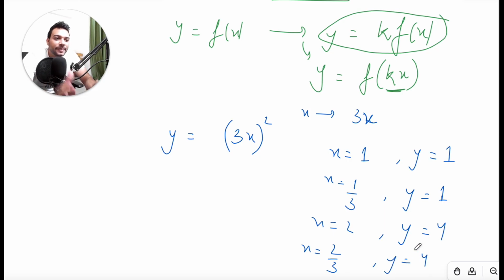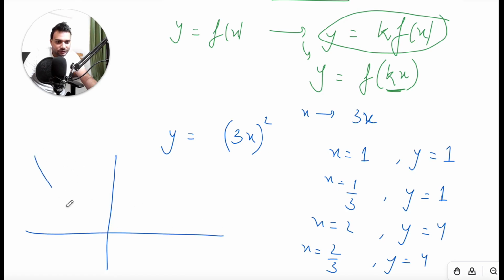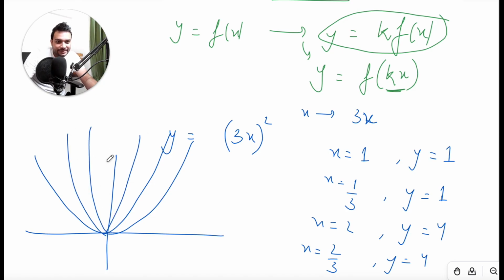So the graph has sped up. Everything's happening faster, quicker. Since the graph is speeding up, it'll shrink on both sides. Higher values of y come at lower values of x, because the x itself has been scaled up in the function.